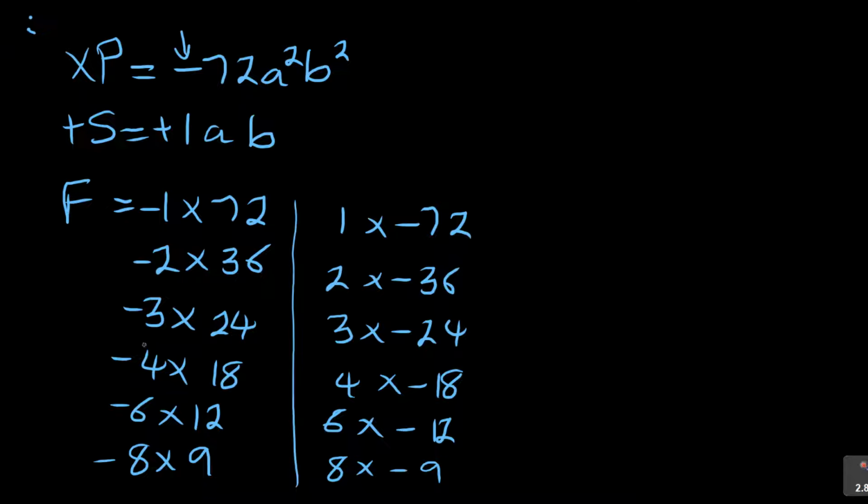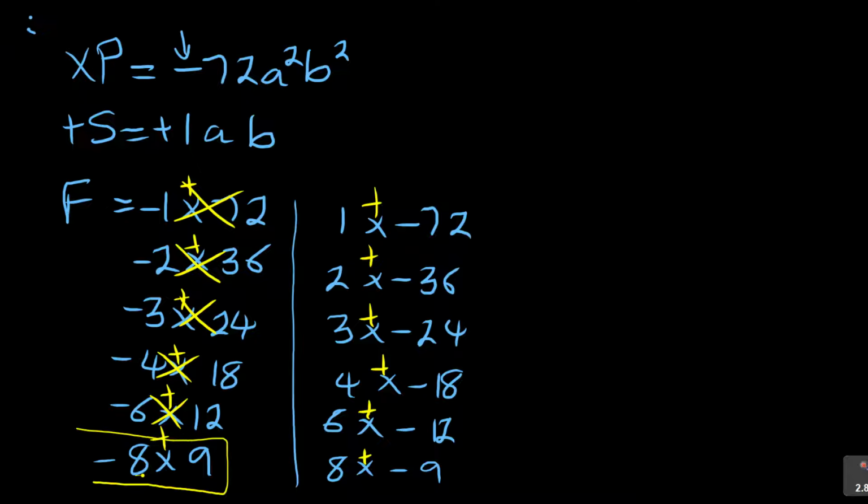Now the sum is the determiner. You need then to add these factors. You just add them, and that's your sum. That's why you wrote plus. When you're adding these factors, one of them will give us the answer. So you can see that we need a sum of 1. If we add minus 1 plus 72, this can't give me a 1, this can't give me a 1, but here I can get a 1, you see.